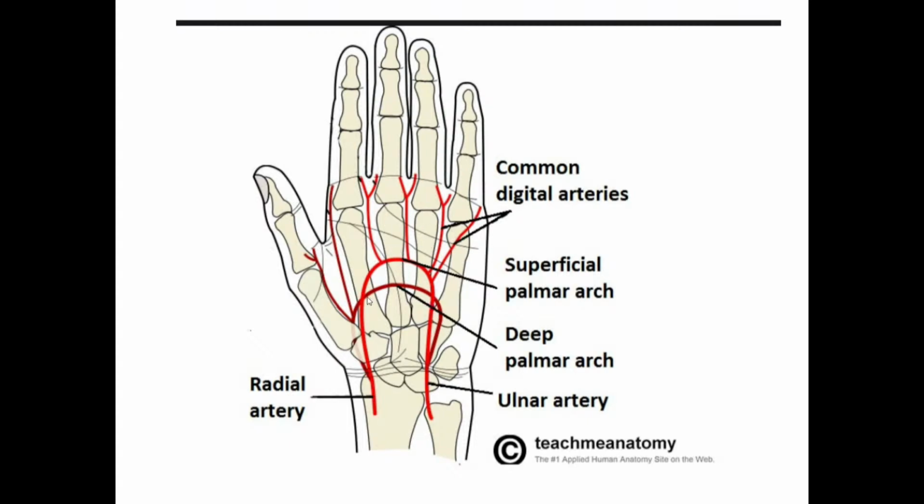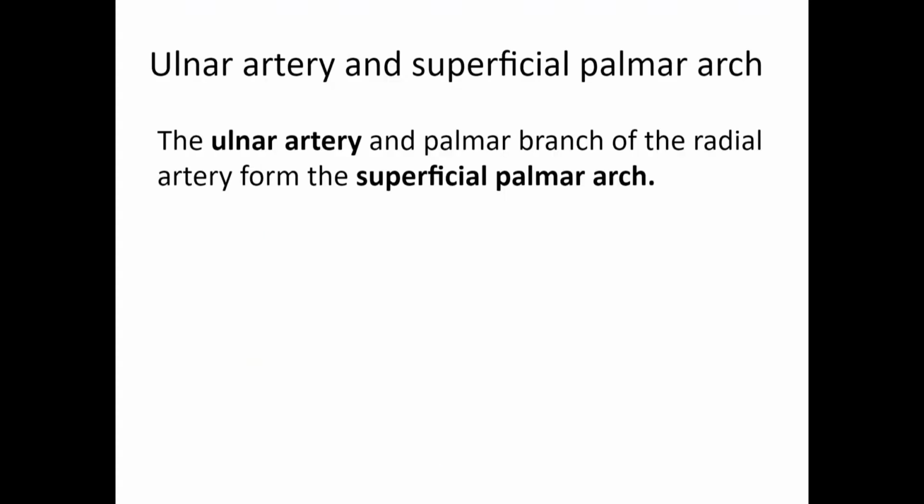And we're having the deep palmar arch that is mostly supplying the thumb and also the lateral surface of the index finger, right? So I guess schematically you understood which is supplying what here.